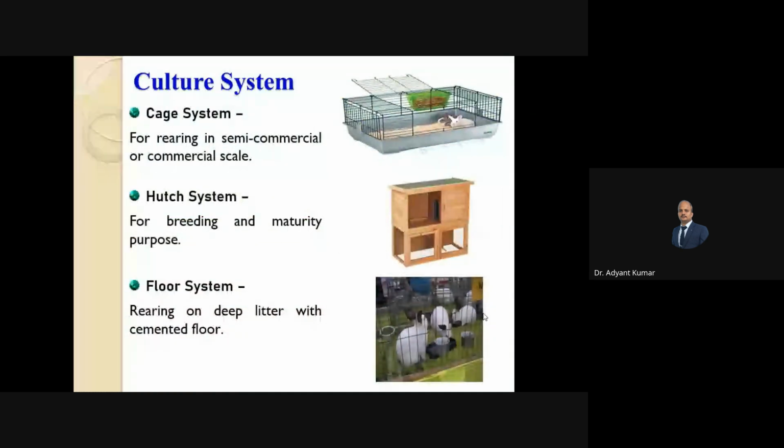There are various systems for culturing the rabbit. Cage system is semi-commercial, or the rabbits can be reared for semi-commercial or commercial breeding purpose. Hutch system is mainly used for breeding and maturity purpose, while floor system is used for general purpose.